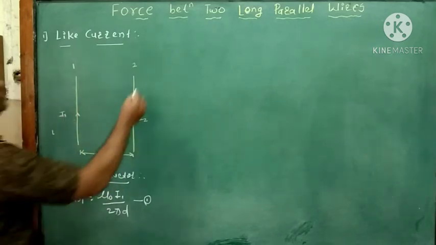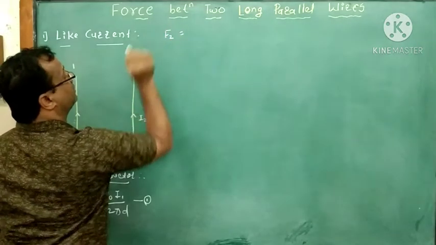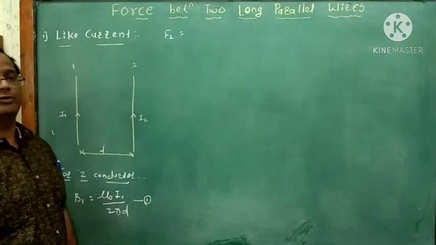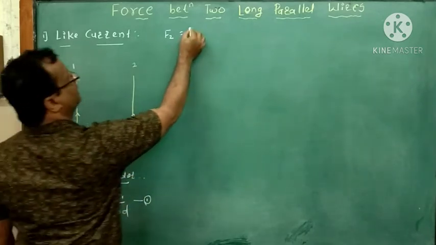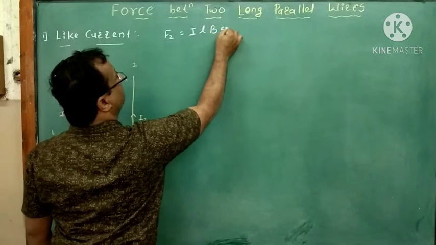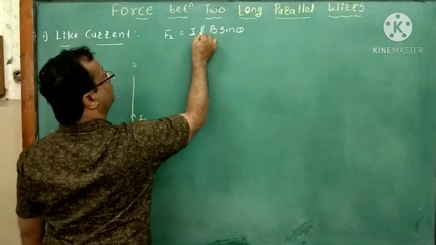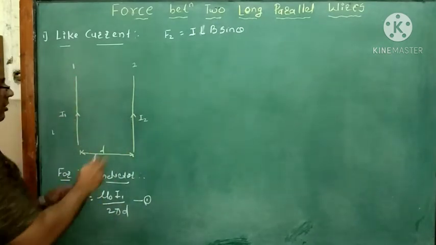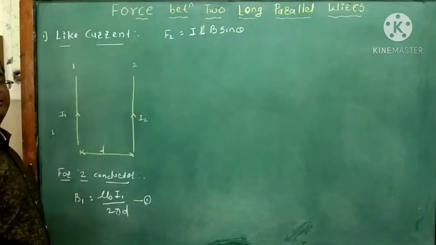The force on the second conductor, F2, is equal to I L B sin theta. Here instead of small l we take capital L, which represents the length of the conductor, and here the length of the conductor is L.